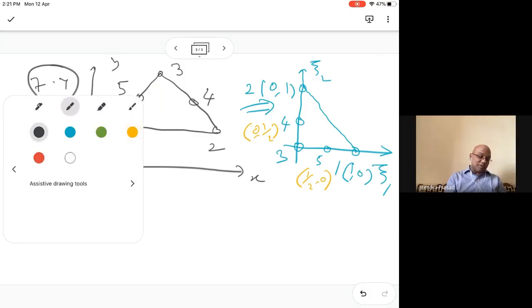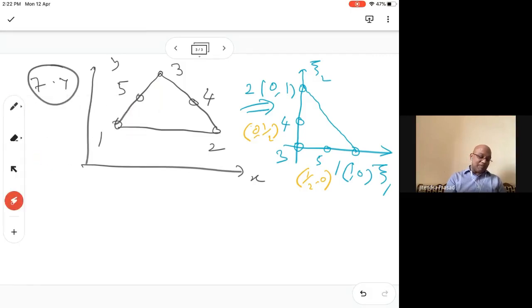Now we have to write the equation. How will you do it? Now we have xi1, xi2. If we write the equation for a shape function of this one, you can write this way.